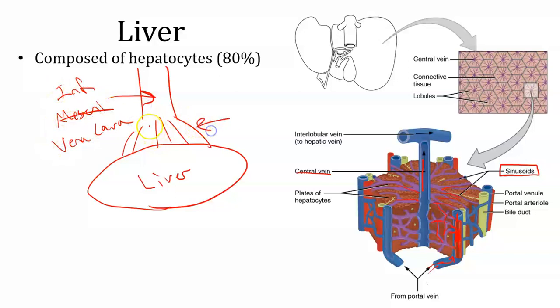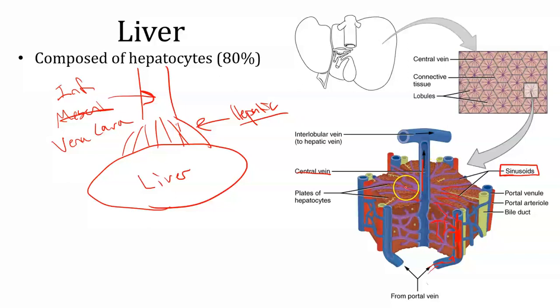And these individual vessels here are called the hepatics. They're the veins that drain all of that blood from the liver that's collected through the central veins. So an interesting vascularization here in this organ.